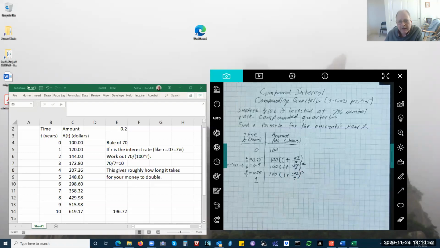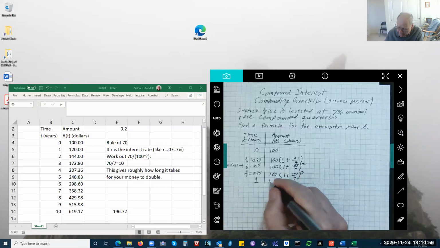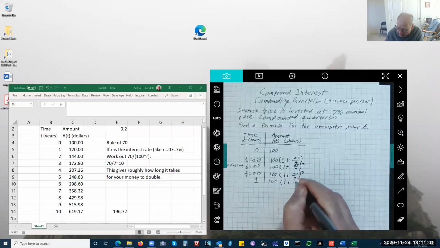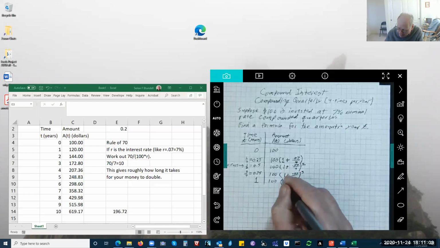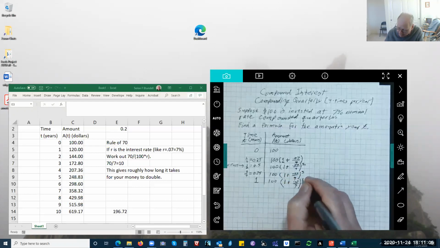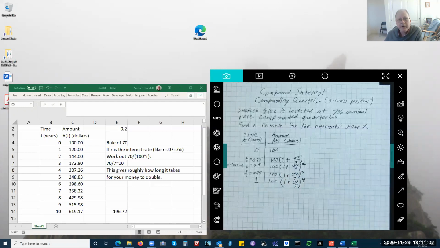You've multiplied 3 times, and after a full year, since you're compounding quarterly, you've multiplied by 4 times.